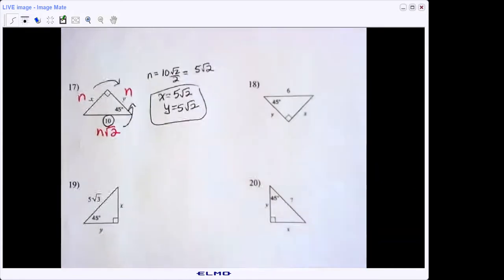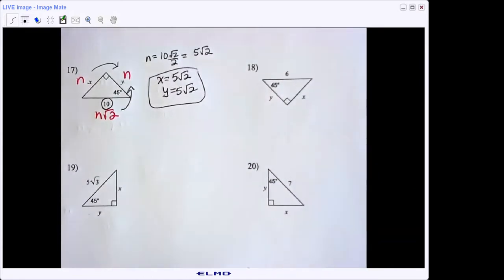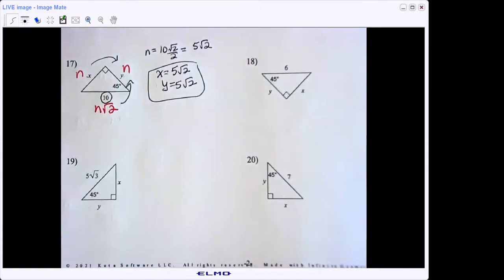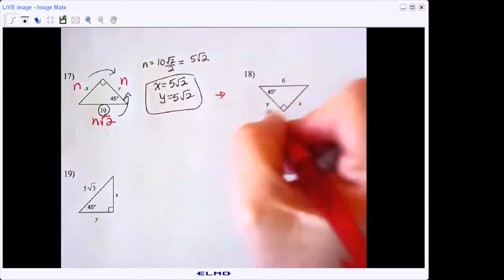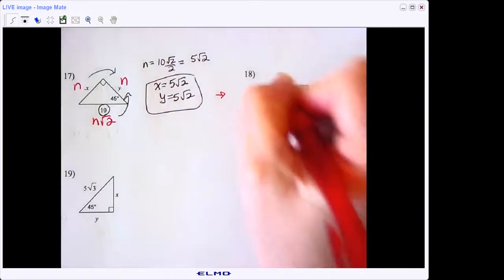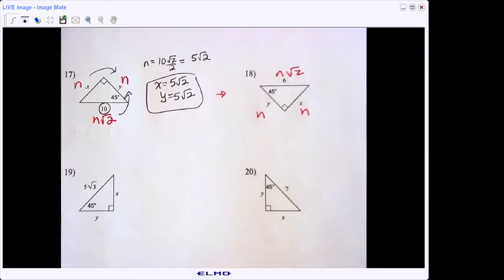Okay. Jump over to 18, same idea, going across from it. So we have n, and n root 2. So apply the same thing that we just did to this one.